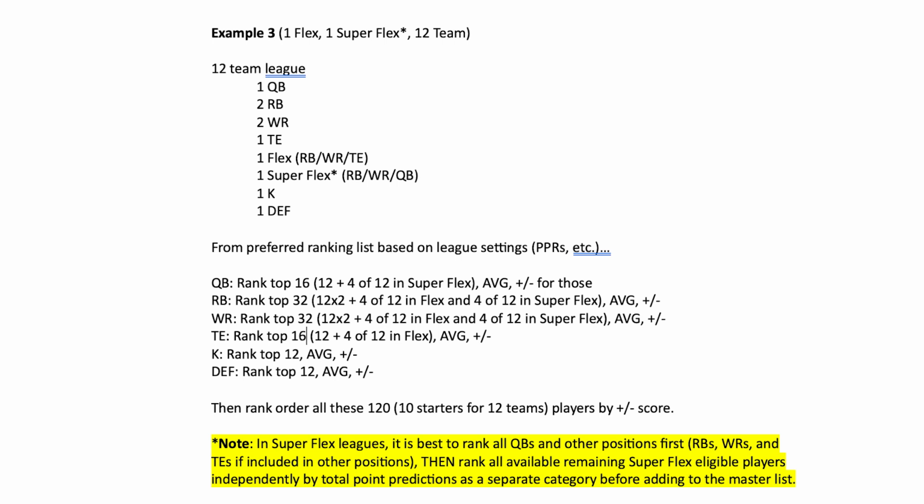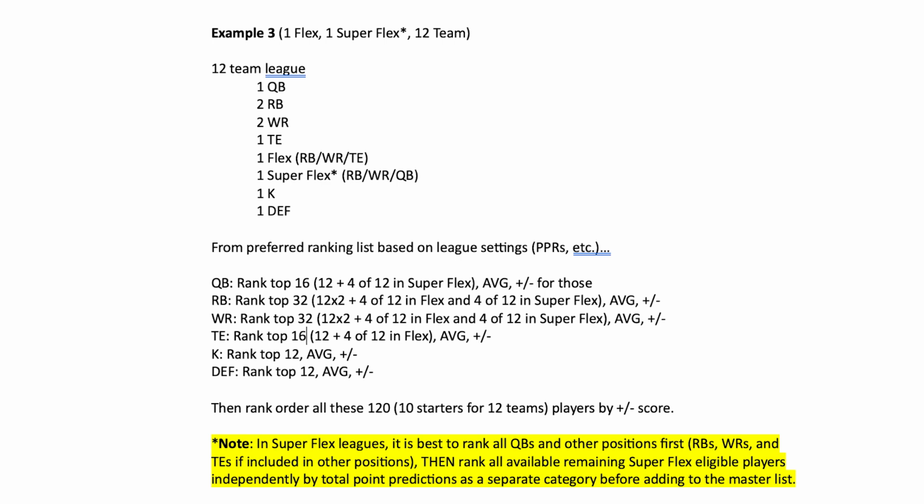But for simplicity's sake, if you just prefer to do it this way, distribute those evenly amongst those other positions, you'll still probably be in pretty good shape. Although, again, particularly for the super flex, because quarterbacks score so much, that may be one you want to really calculate as a separate thing. Anyway, so you have your breakdown for each of these as well.